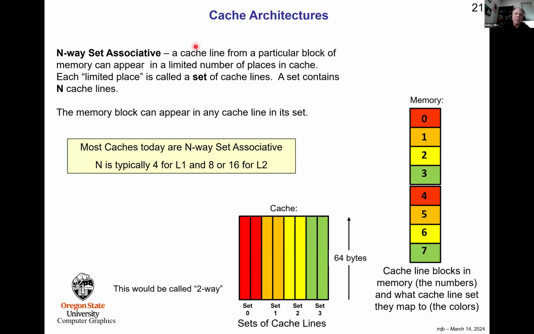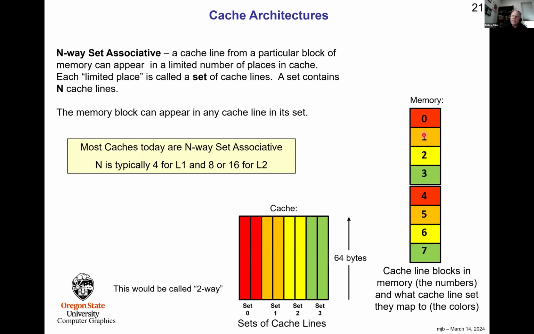The way caches are put together now, they're called n-way set associative. I've colored them here. If I was naming this, I would call this two-way set associative. Basically, think of the cache lines in memory as having numbers and colors.